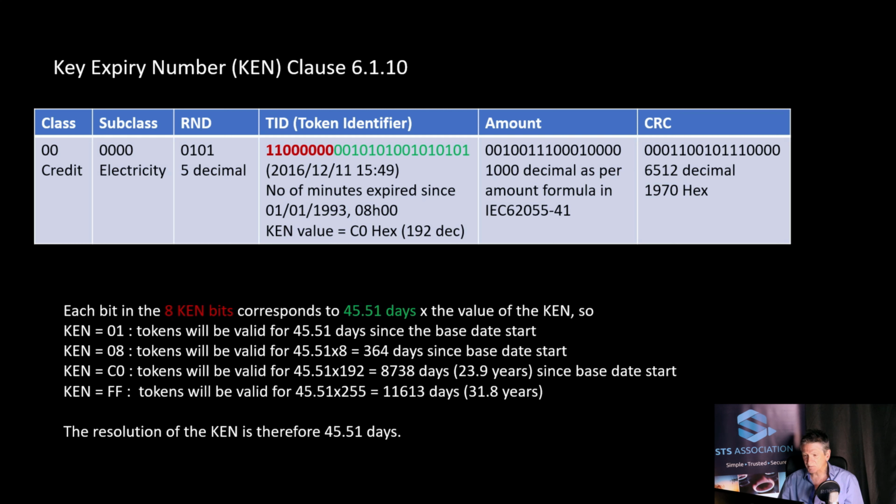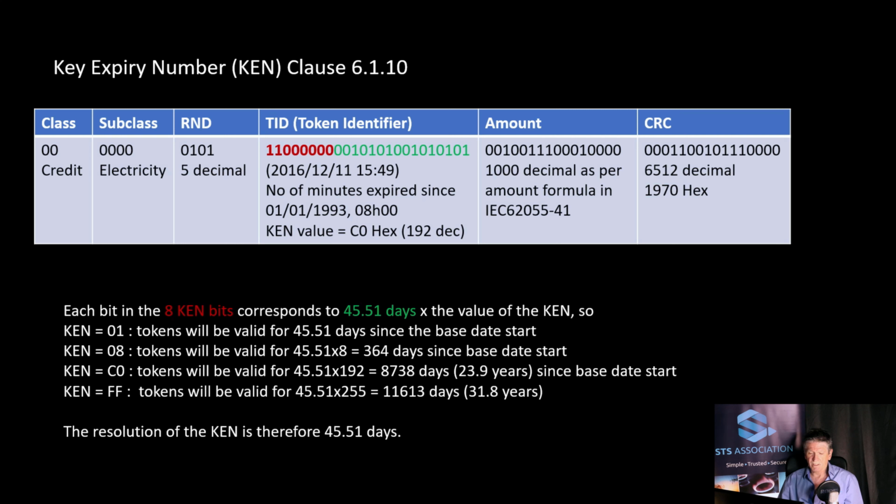The token identifier is the next 24 bits, then you have an amount and you have a CRC. The top 8 bits, the ones shown in red, correspond to a number of minutes. The 8 KEN bits in red correspond to, essentially, if you work it out, 45.51 days multiplied by the value of the KEN.